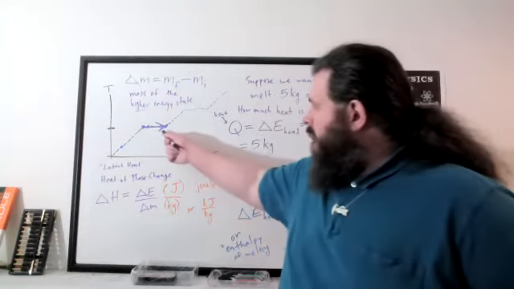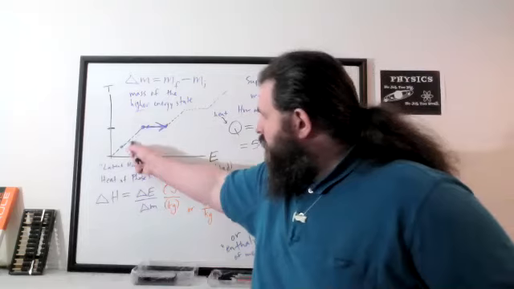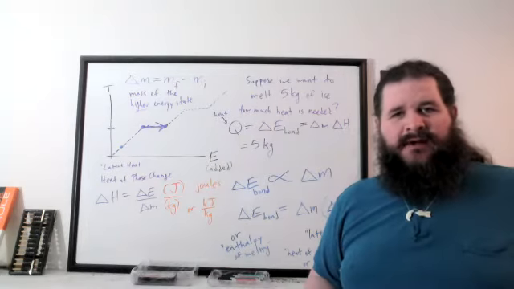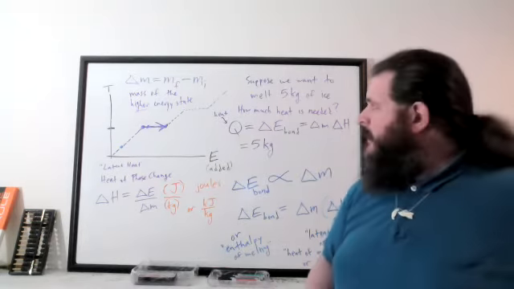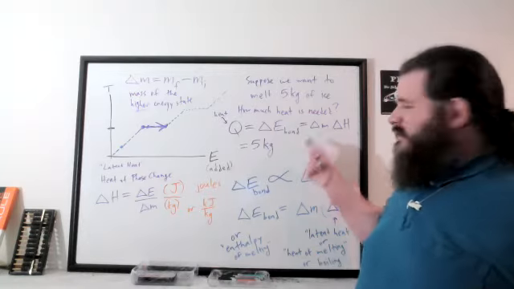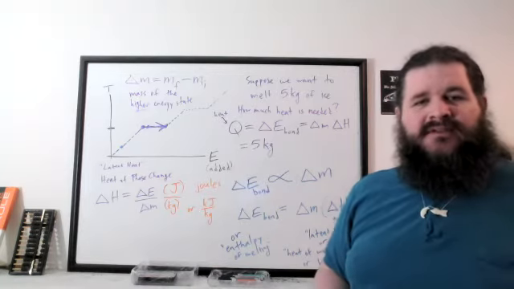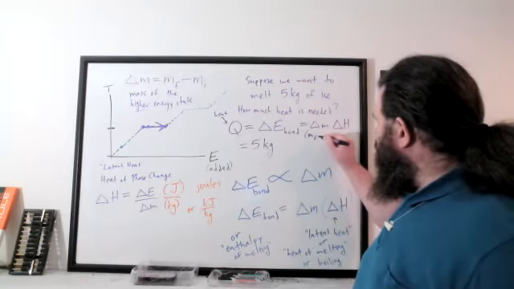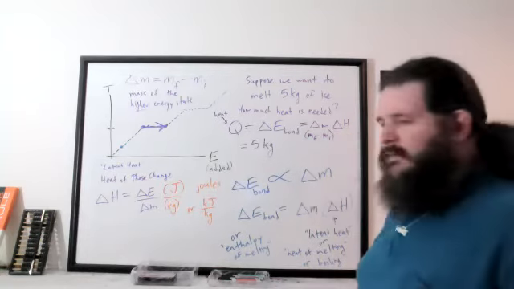Liquid. We can see on the graph that the liquid is higher energy than the solid. And also you have to add energy to change a solid to a liquid anyway. So the liquid is going to be higher energy. That means in this delta, we should be treating this as the final amount of liquid minus the initial amount of liquid. m final minus m initial of the liquid.